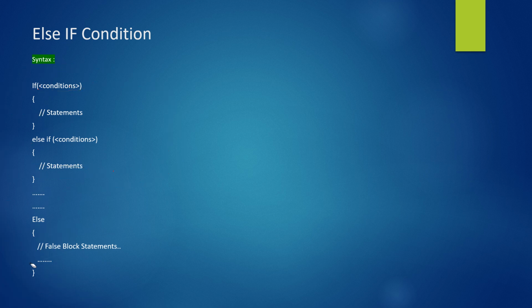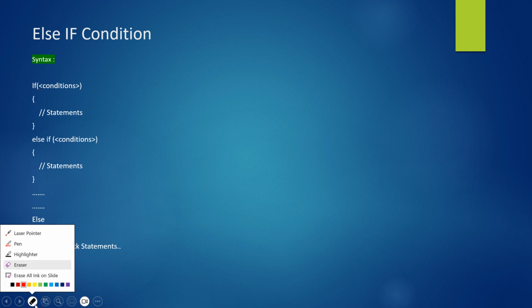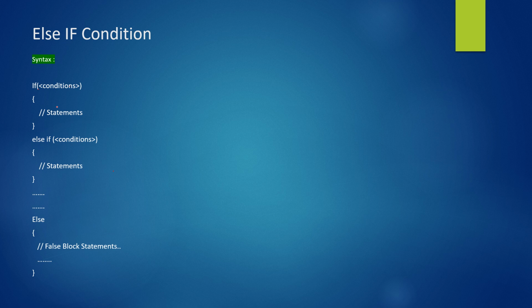At a time it will check one condition and execute the statement inside that block. If the condition is satisfied, it will execute this statement. Suppose this condition is not satisfied, then immediately it will check the else if, and if the condition is satisfied there, it will execute those statements.